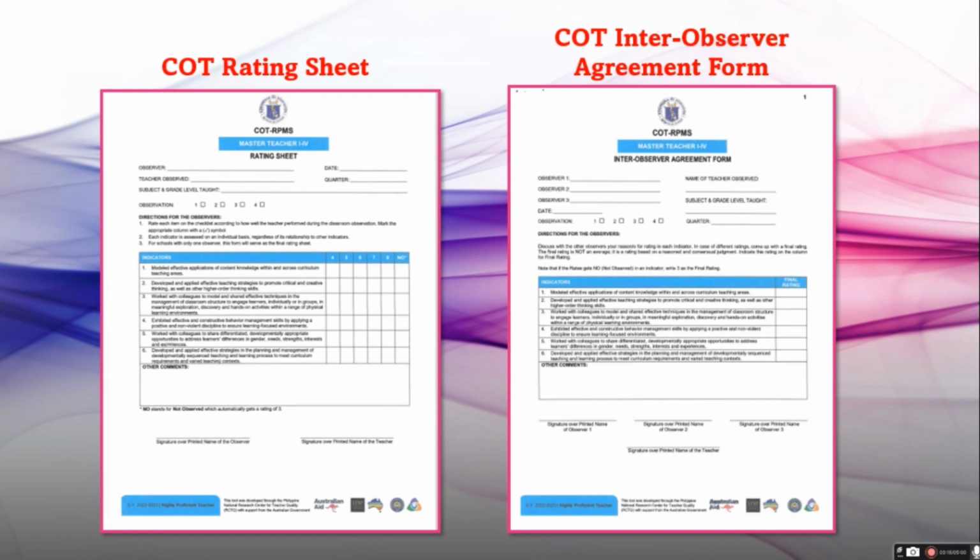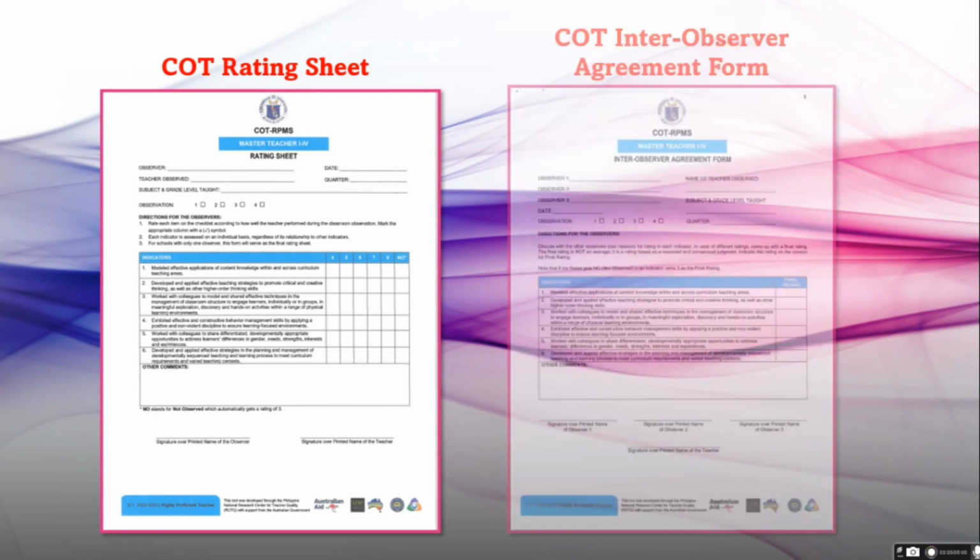Iisa lang po ang principal natin at school head sa ating school. So, ibig sabihin, we are not going to make use of the COT Inter-Observer Agreement form. Hindi na po natin yan kailangan. We will only need the COT rating sheet kasi isa lang po ang mag-o-observe sa atin during our classroom observation.